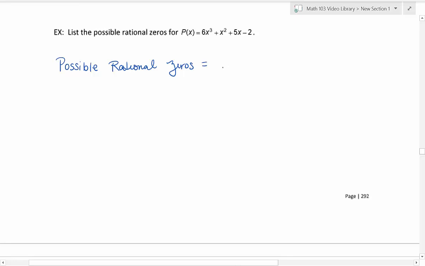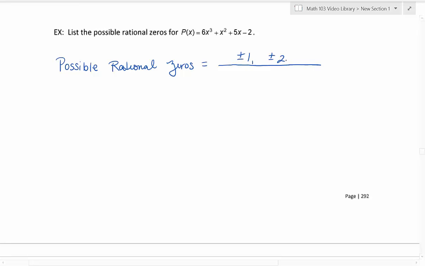So let's take a look at our constant. It's -2. We want to list all the factors of -2. What two numbers multiply together to be -2? Well, it could be +1 times -2 or -1 times +2. So our factors are plus or minus 1 and plus or minus 2.